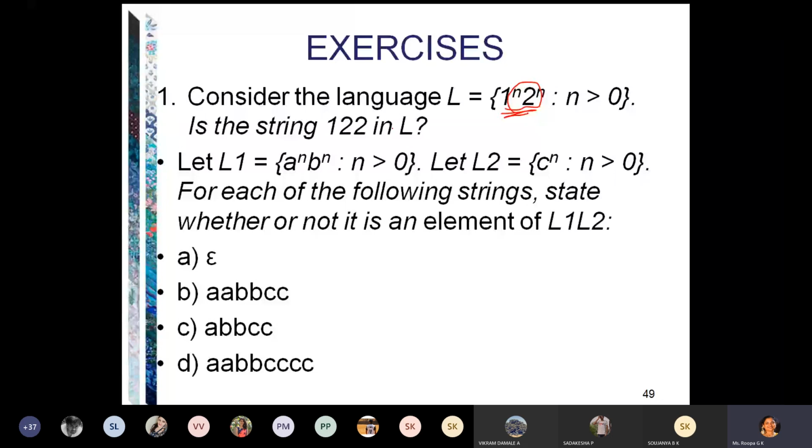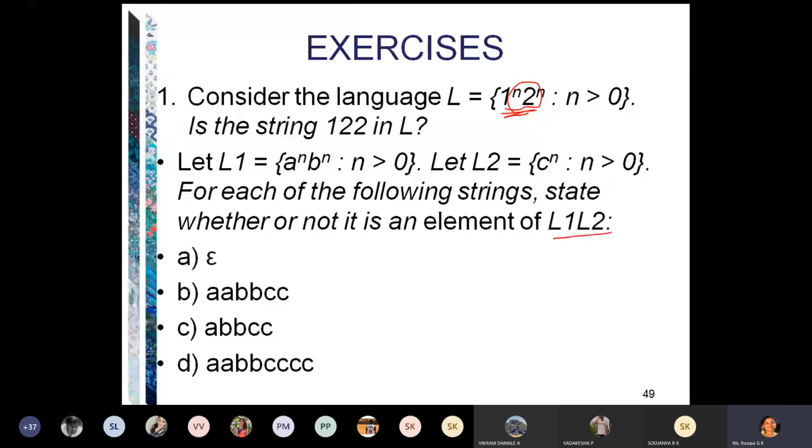Now do the second exercise. L1 is given by a power n, b power n, n is greater than 0, so we don't have epsilon. L2 is c power n, n is greater than 0. For each of the following strings, state whether or not it is an element of L1 L2.